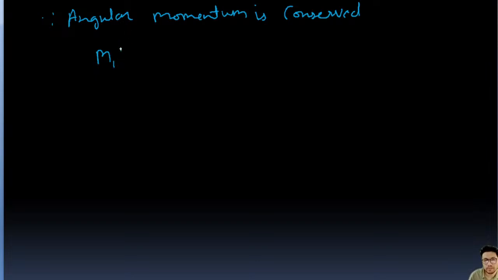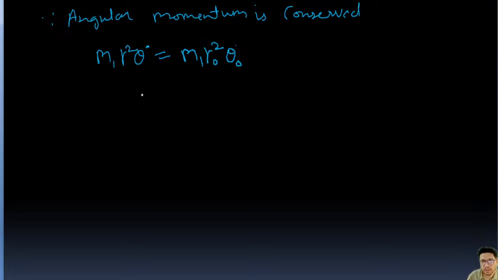So this is m1 r square theta dot. Because it is conserved, it is equal to m1 r naught square theta naught dot. Okay, this will be equal to this because L is conserved.